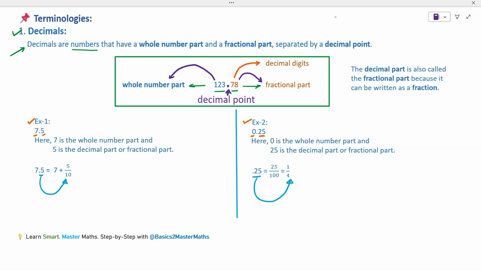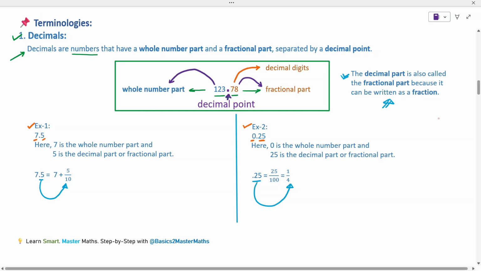So, the decimal part is also called the fractional part because it can be written as a fraction. Got it? As of now, do not worry about how to convert decimals into fractions. We will learn in detail in the chapter decimals.